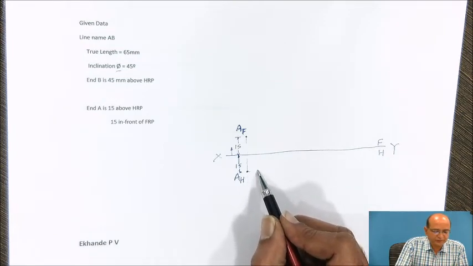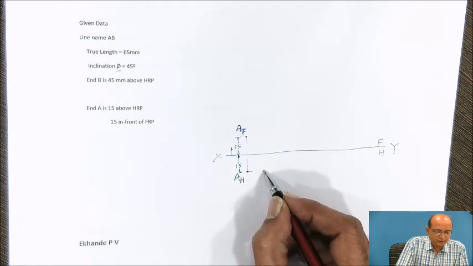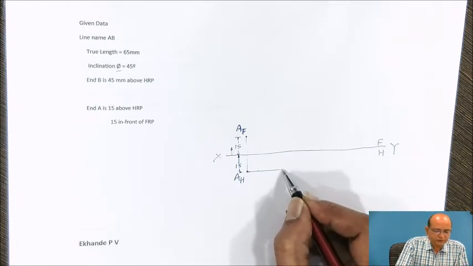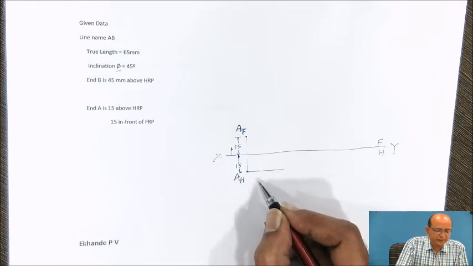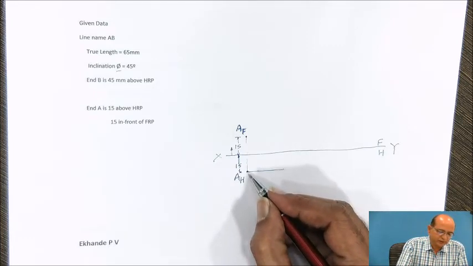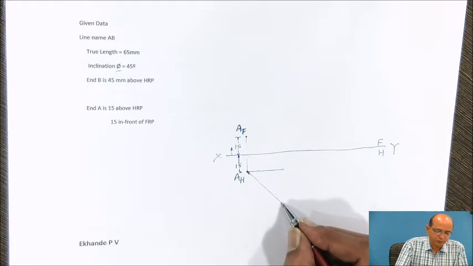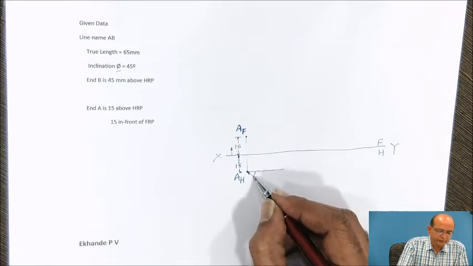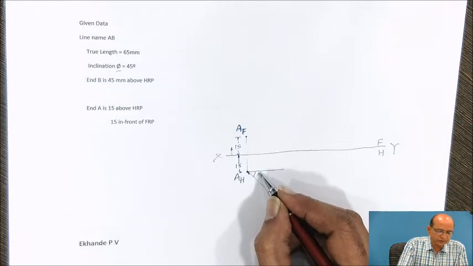So from AH, first step is to draw the horizontal line, so that with respect to this line we can complete an inclination of line at 45 degrees angle. So here from AH we will draw the line at 45 degrees angle. So line 45 degrees, that is to be completed with respect to this horizontal line.